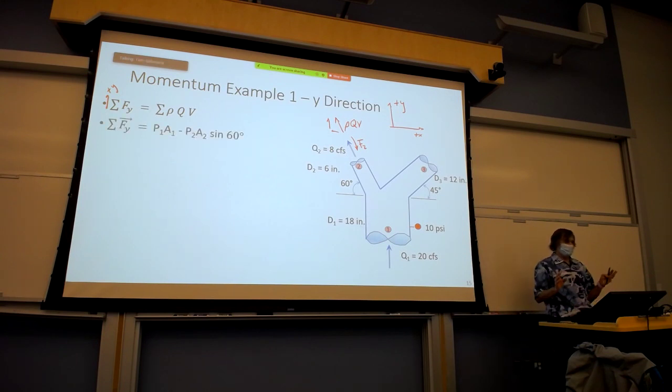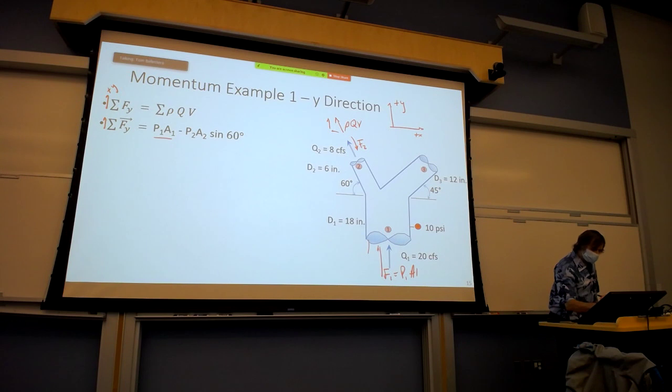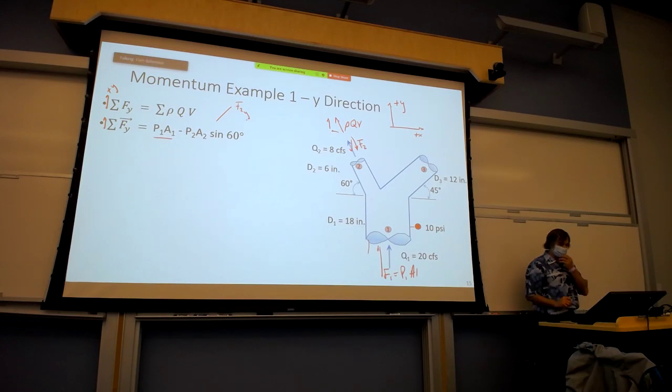So first we'll look at the left-hand side, the sum of the forces. The first thing we have is P1A1, and again, that would be F1 due to the pressure distribution at the bottom. And then at location 2, F2y is F2, which is the pressure 2 times the cross-section area 2.